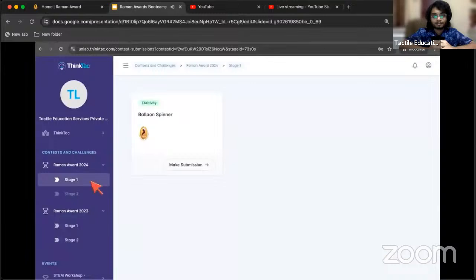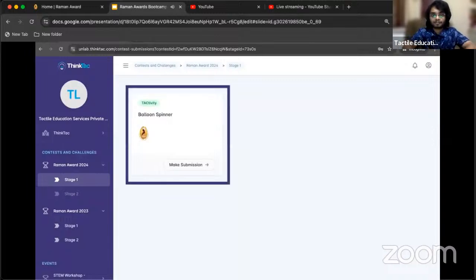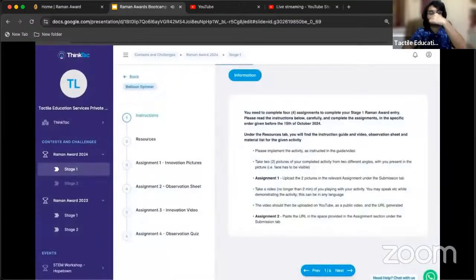Once registered, please click on the Stage 1 option under the Contests and Challenges menu. You will be shown a card like this with the activity assigned to your participation category. Here, click on the Make Submission button and follow the instructions displayed on screen to complete your submission for Stage 1 of the Raman Awards.